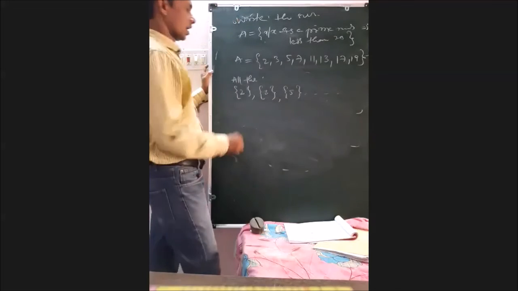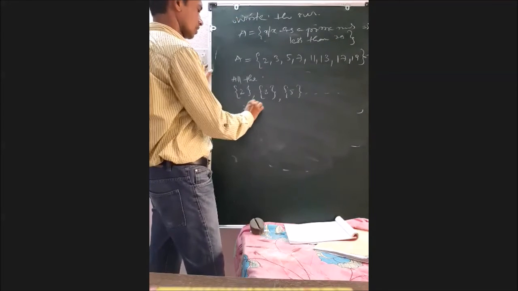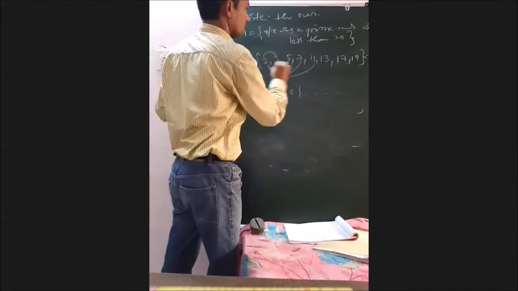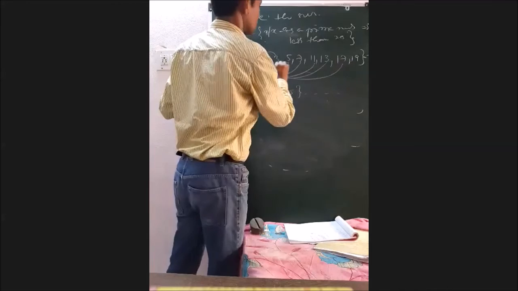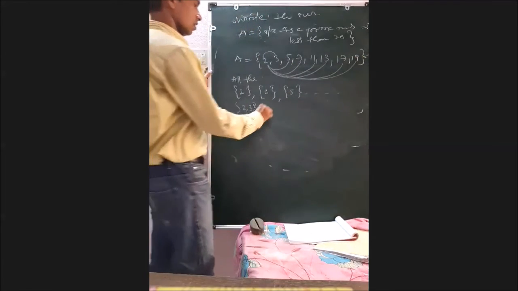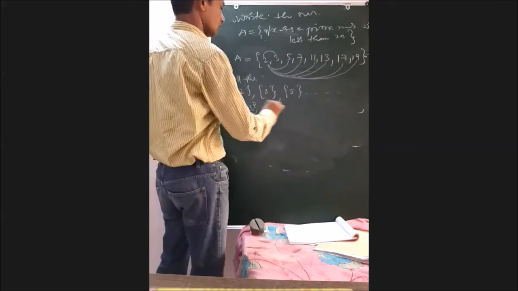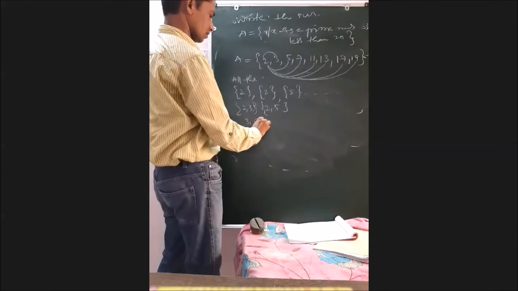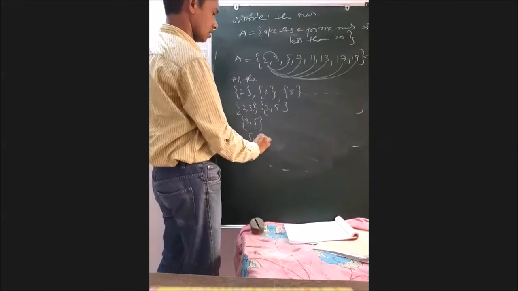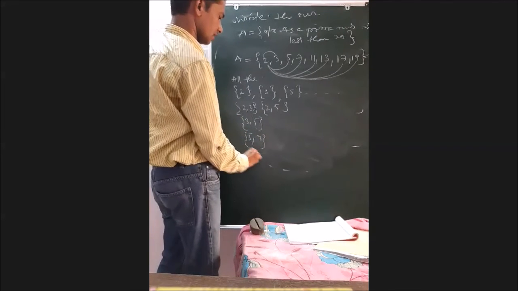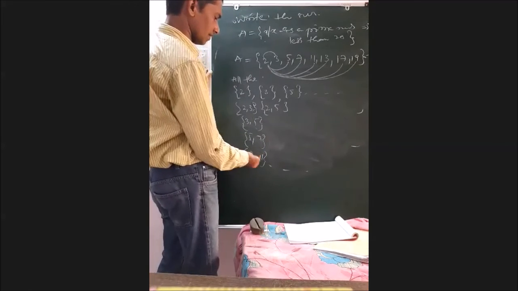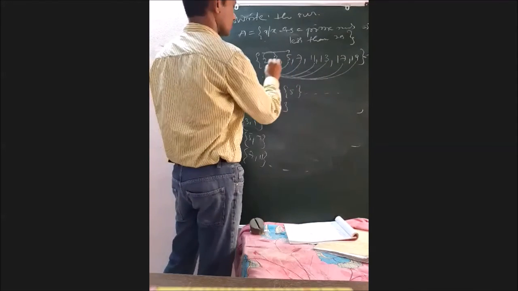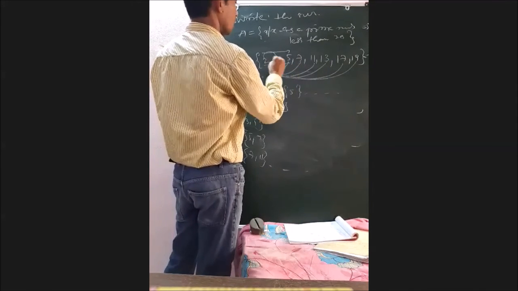And again you can combine 2, 3, 2, 5, 2, 7, again 2, 11, 2, 13, 2, 17, 2, 19, again 3, 5, 3, 7, 3, 11, again 5, 7, again 7, 11, again 11, 13, and so on.